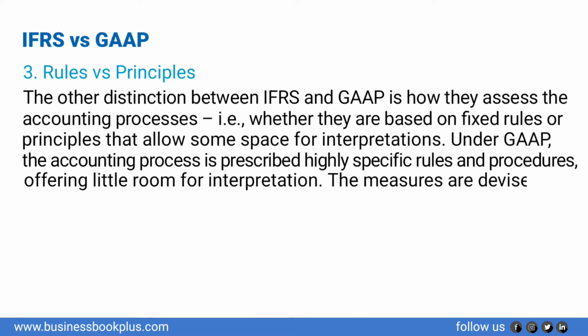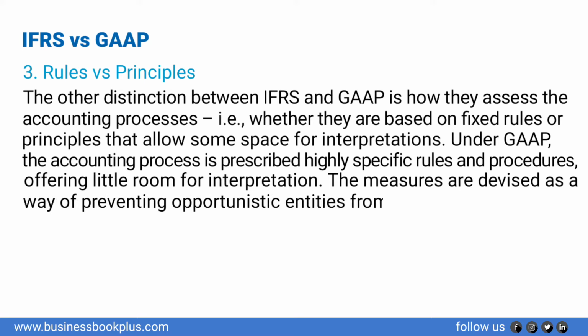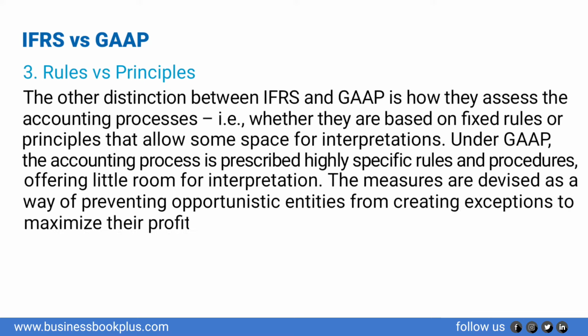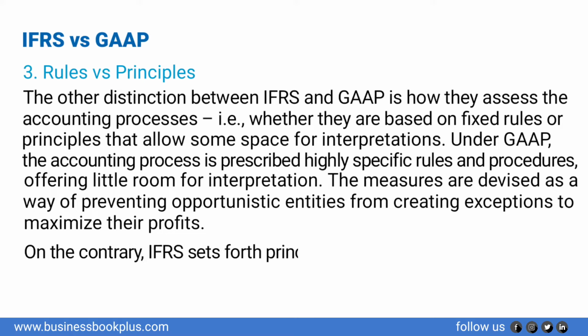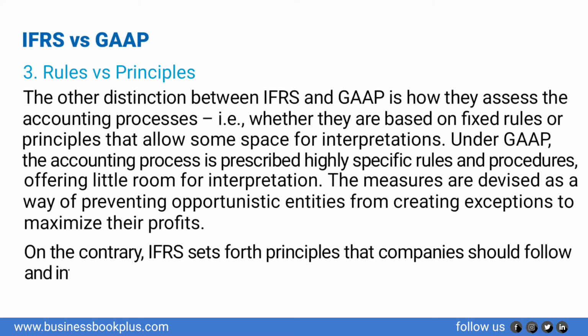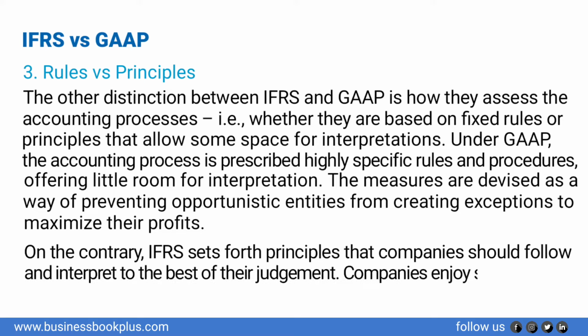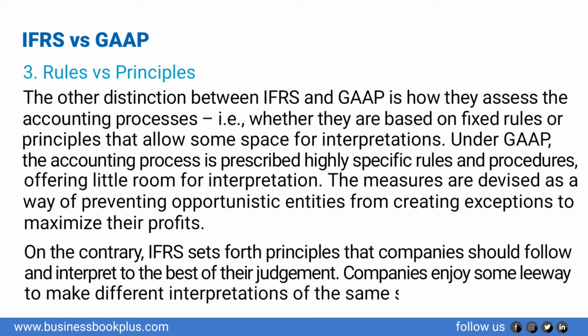The measures are devised as a way of preventing opportunistic entities from creating exceptions to maximize their profits. On the contrary, IFRS sets forth principles that companies should follow and interpret to the best of their judgment. Companies enjoy some leeway to make different interpretations of the same situation.